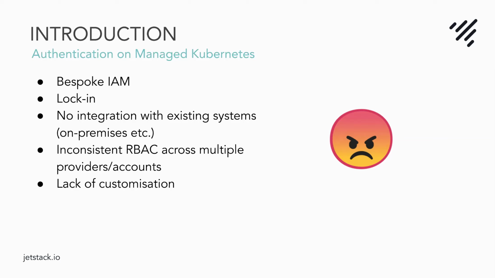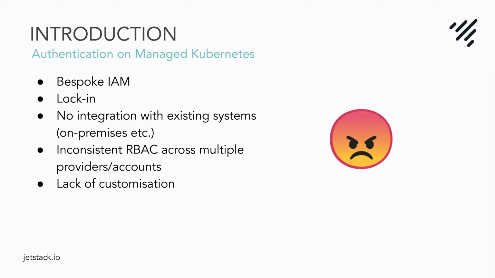When you build things around the identity on the system, it's difficult to make them portable across the clouds. You also have no integration with your existing systems. If you're coming from on-premise, for example, and moving to cloud, then you can find it difficult to translate your current identities into the cloud identities.